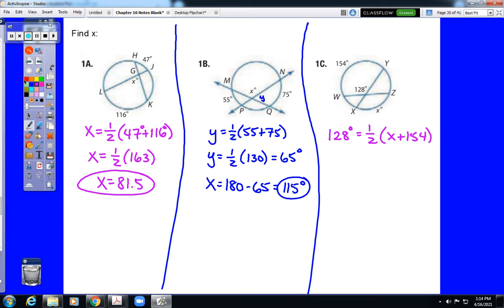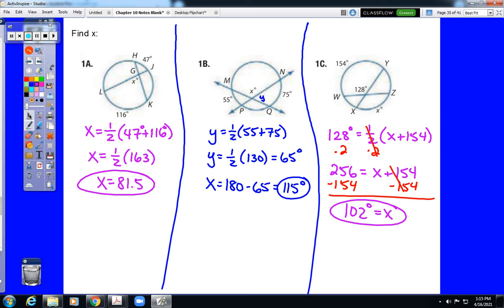We would double both sides to get rid of the 1/2, so multiply by 2, which gives us 256 equals x plus 154. And then we would subtract 154 from each side, giving us x is 102 degrees.